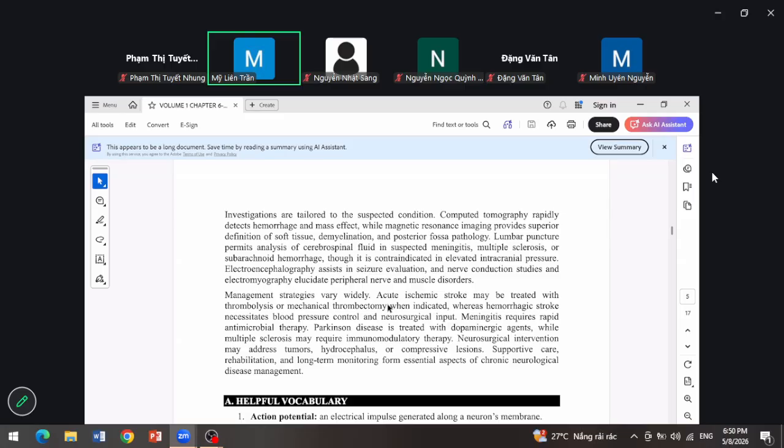Parkinson's disease is treated with dopaminergic agents, while multiple sclerosis may require immunomodulatory therapy. Neurosurgical intervention may address tumors, hydrocephalus, or compressive lesions. Supportive care, rehabilitation, and long-term monitoring form essential aspects of chronic neurological disease management.